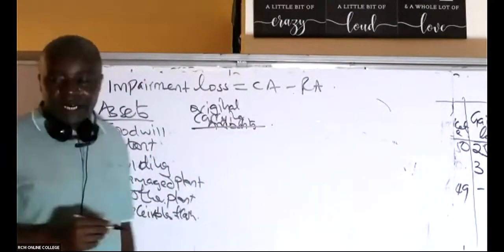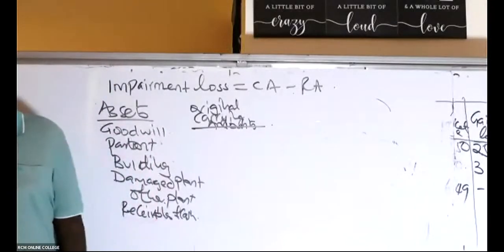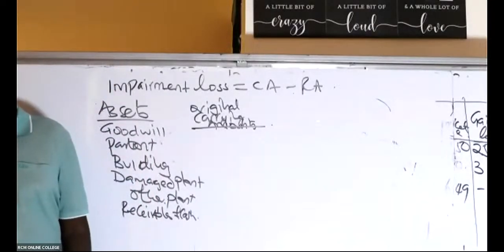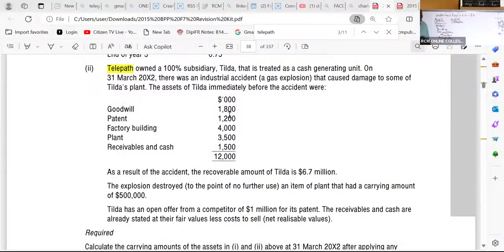So goodwill, original carrying amount, are you able to see the figure? Hapo nimepata, great. So in this case here, goodwill, are we able to see the figure here, 1,800? Patent, I can see a figure of 1,200. And then building, I can see a figure of factory building 4,000.